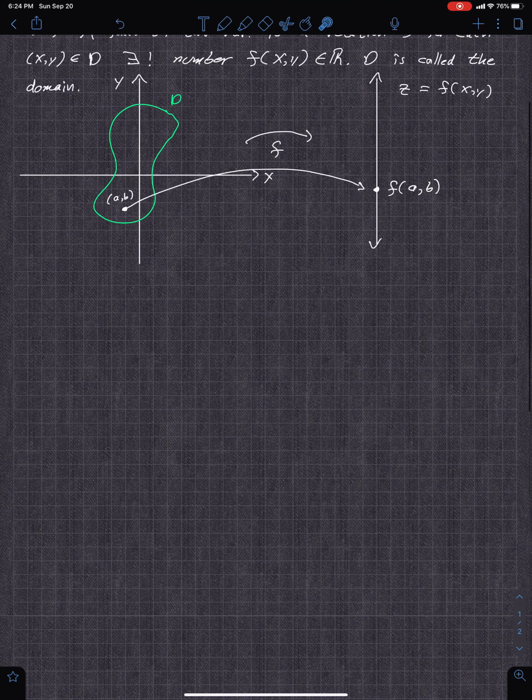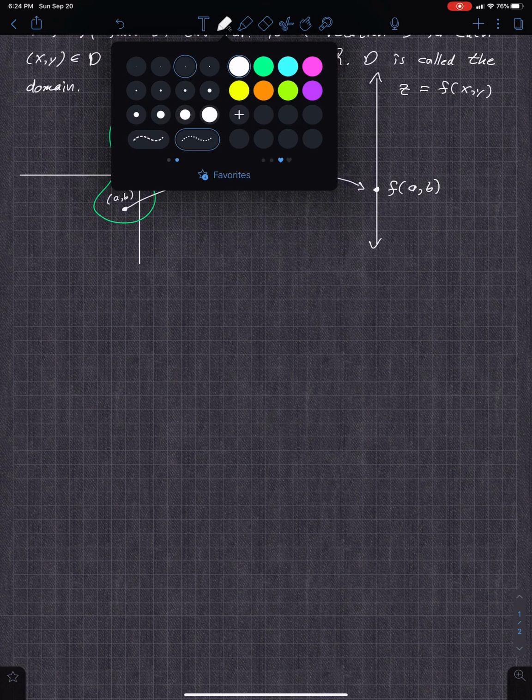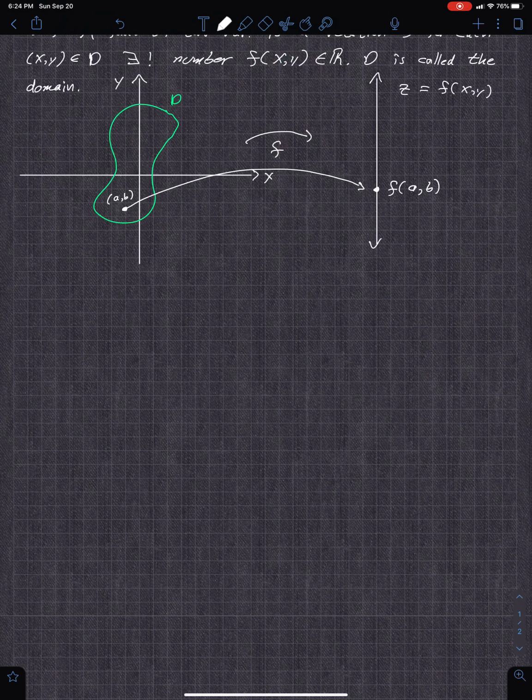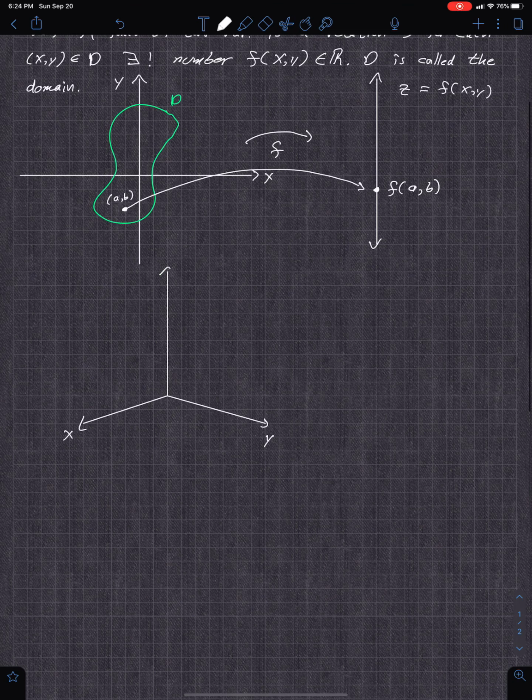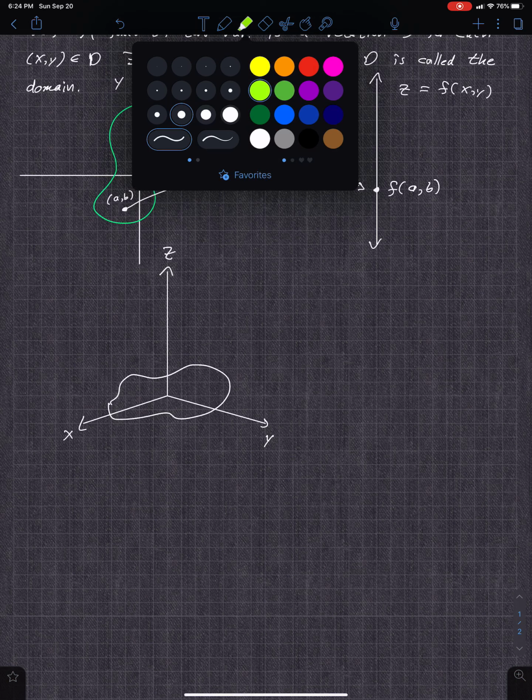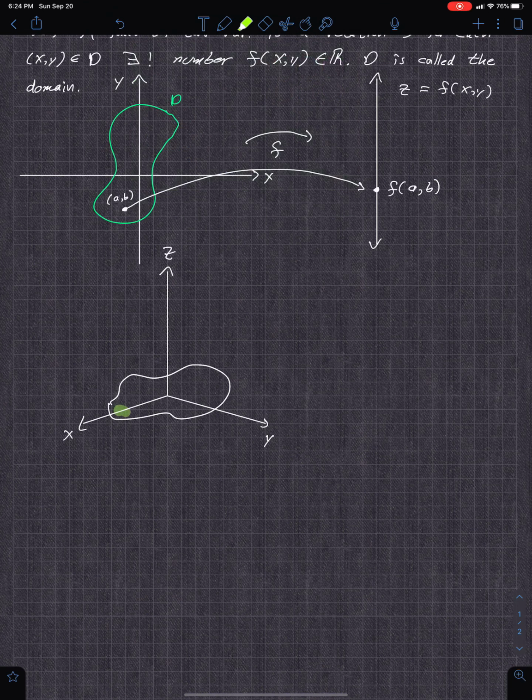Another way to look at this is how we look at it for a paraboloid and such. Let me change that back to not dotted. You have the xyz coordinate system, which might look something like this. So here's just our typical xyz. And here's your region D in the xy plane, down here, just like that.